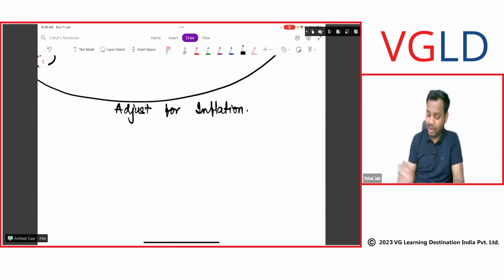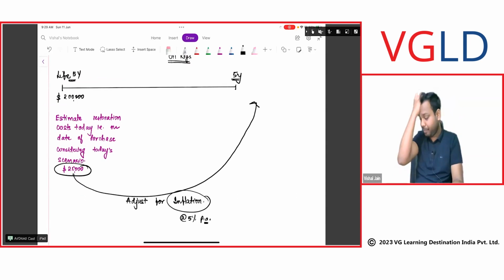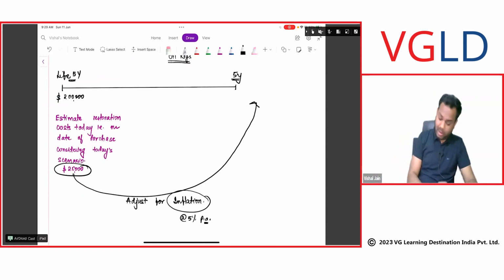Now tell me, what is the inflation rate? Let's suppose 5% per annum is the inflation rate in the country. So can you please work out the amount? 25,000 into 1.05 into 1.05 into 1.05 into 1.05 into 1.05, that is, for the end of the 1st year, 2nd year, 3rd year, 4th year, and 5th year.